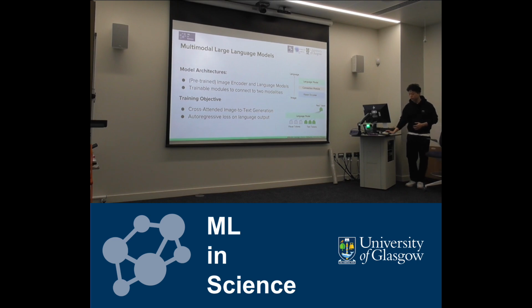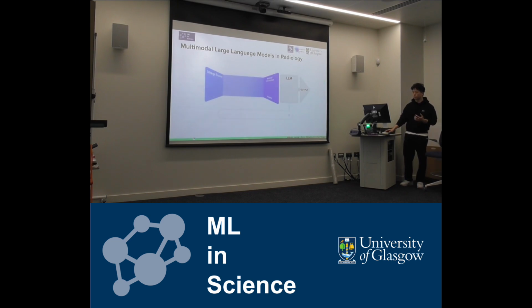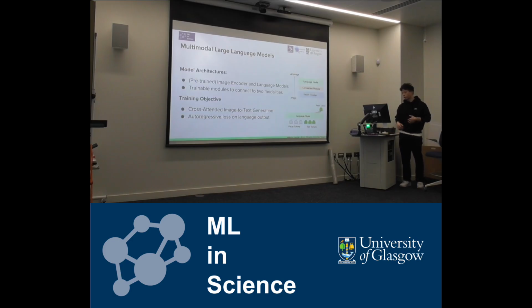So therefore, visual information can actually influence the generated text. In terms of the training, most of the models also share the same training objective, which is just an autoregressive loss on the language output.